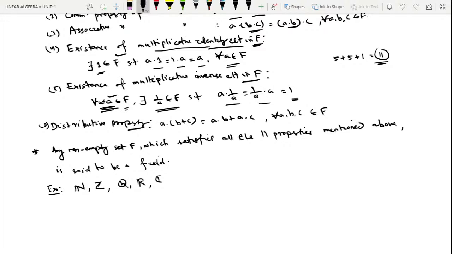So for the set of natural numbers N, which is 1, 2, 3, 4, 5 and so on, let us check whether it is a field or not.